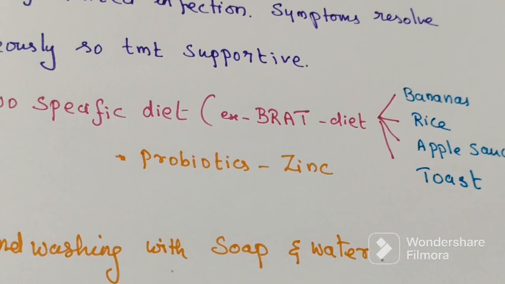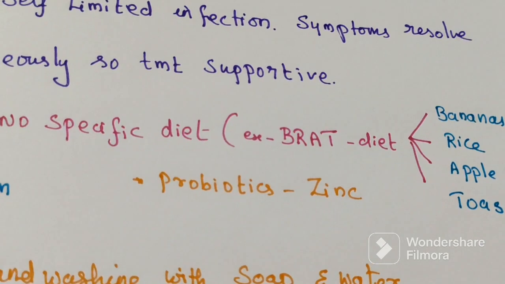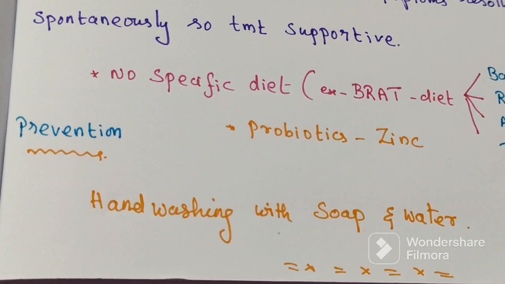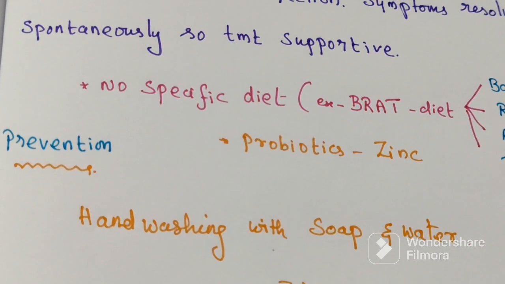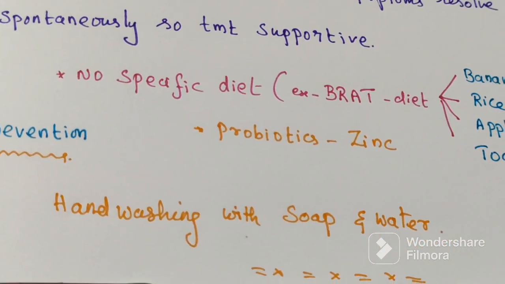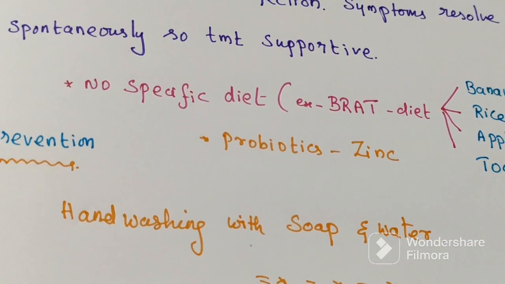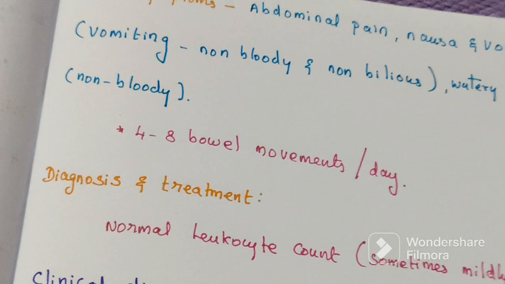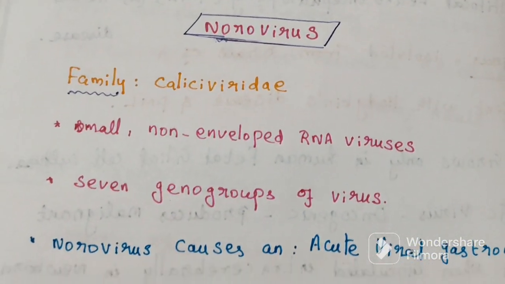Then probiotics and zinc can be used. The specific method to prevent norovirus infection is hand washing with soap and water. No vaccines are available currently. So this is all about norovirus.